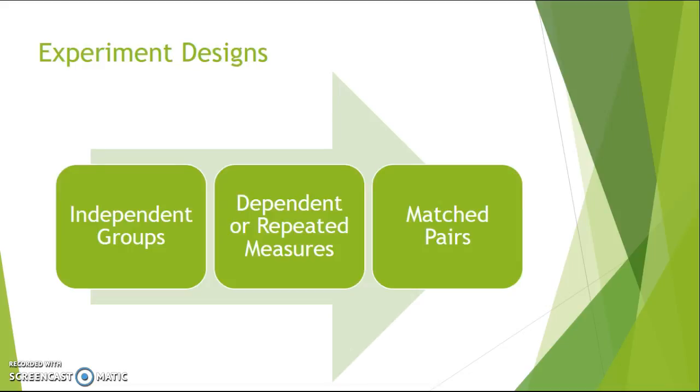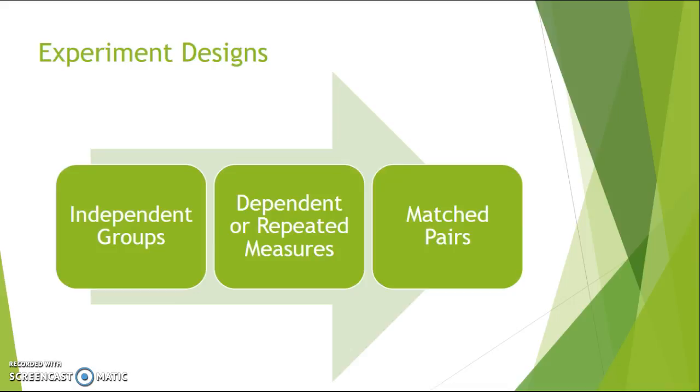So you'll have either 2 or 3 sets of conditions, and you're going to have independent groups compete in the different conditions, and then you're going to get all the research and you're going to compare it. The repeated measures here, so the participants are going to repeat performance under different conditions. So independent groups is different groups, different conditions. Repeated measures, same groups, different conditions.